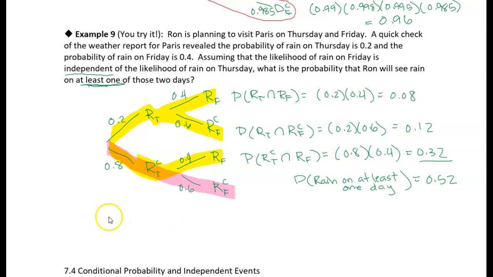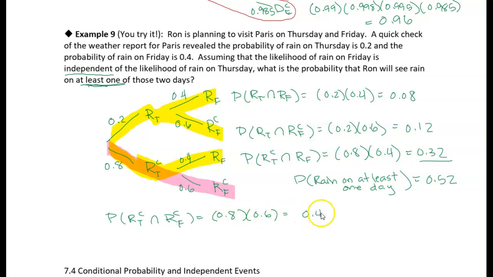So we could also do this by looking at the probability of no rain on Thursday and no rain on Friday. Just by multiplying those probabilities, we get 0.8 times 0.6.